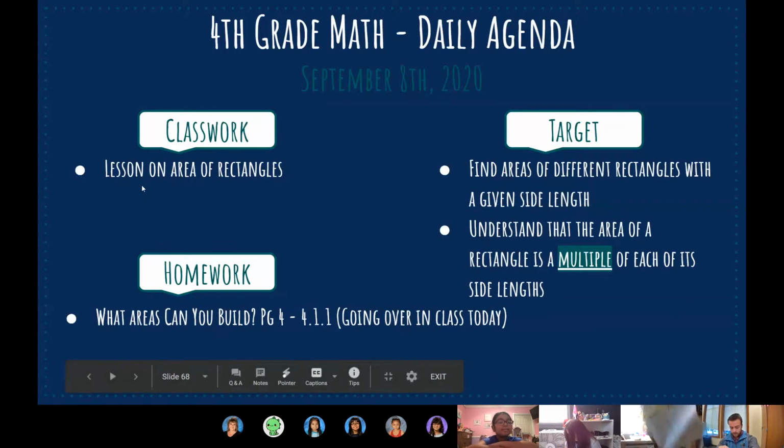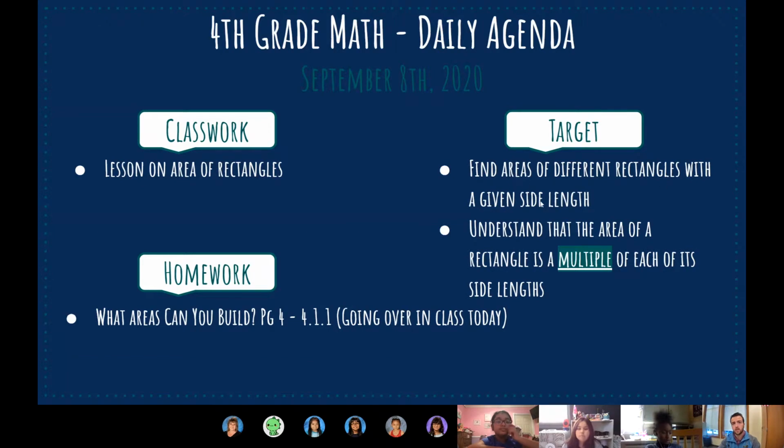We're going to continue on with that lesson on multiples. Okay, that's part of our target over here. I'll read it back to you again. Find areas of different rectangles with a given side length. Okay, we've been working on that for the last week plus. And the second bullet, understand that the area of a rectangle is a multiple, that's a key word for this section, multiple of each of its side lengths.